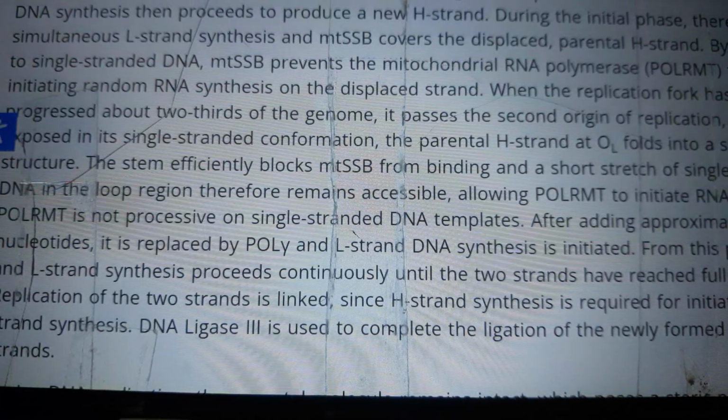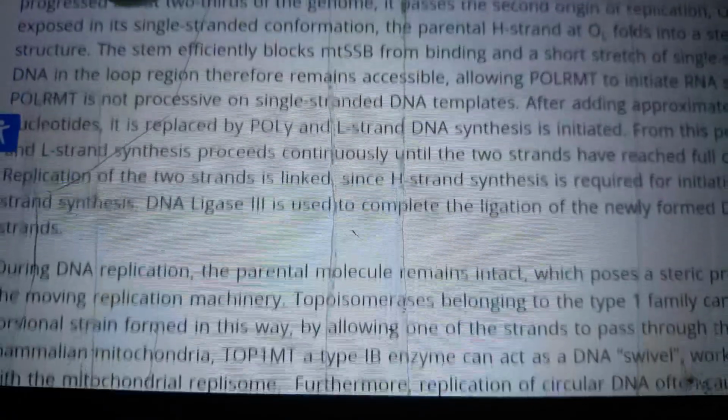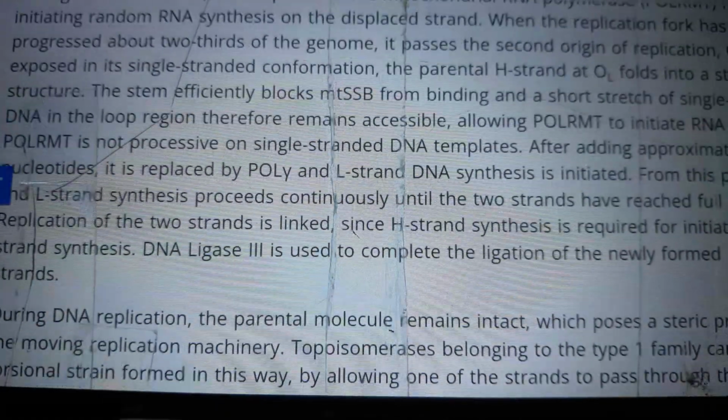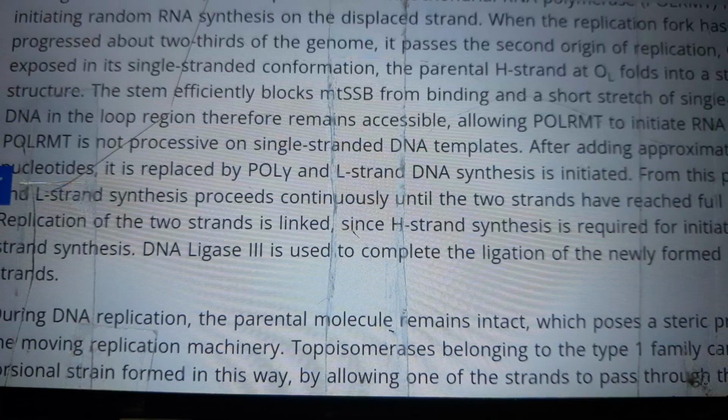During the initial phase, there is no simultaneous L strand synthesis, and mitochondrial SSB covers the displaced parental H strand by binding to single-stranded DNA. Mitochondrial SSB prevents the mitochondrial RNA polymerase, pol-RMT, from initiating random RNA synthesis on the displaced strand. When the replication fork has progressed about 2/3 of the genome, it passes the second origin of replication, OL.